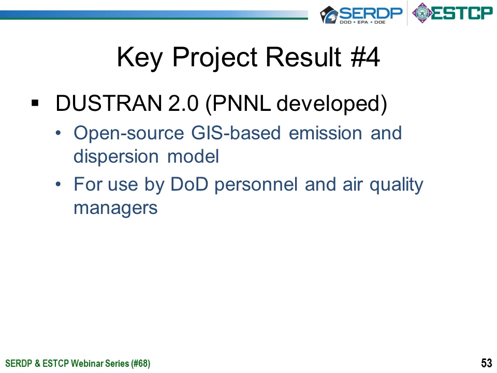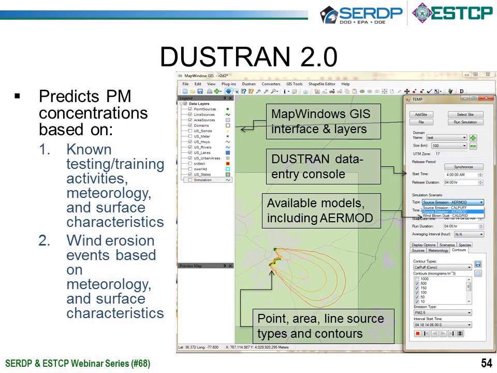If you go to slide 54, you predict the PM concentrations at a receptor based on inputting known testing and training activities, which could include the number and types of vehicles, where they're going to be traveling, the emission relationship for the roads they're traveling over, which you can get from information from Tracker, or otherwise you can also have information based on wind erosion events and meteorology and known surface characteristics, for example, that you may have acquired through the use of PI-SWERL.